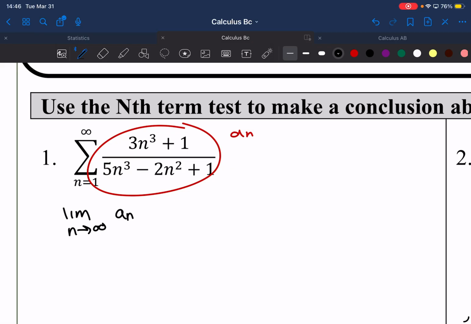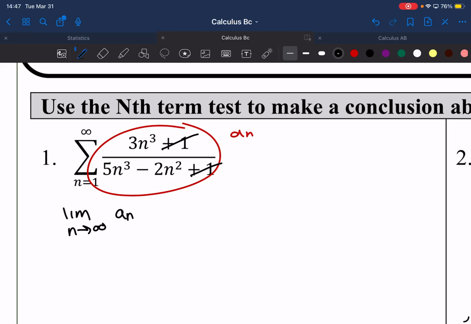Notice at the end we have plus 1, and we have 3n cubed on the top, 5n cubed on the bottom, and minus 2n squared also on the bottom. If we plug in infinity, both the numerator and the denominator are going to be approaching infinity. So does the plus 1 do anything to the problem? No, it's not significant, so I can cross that out.